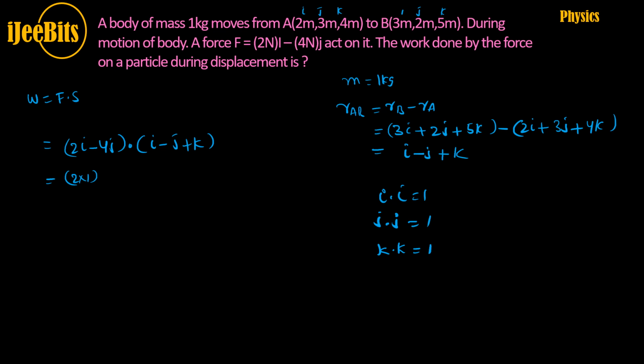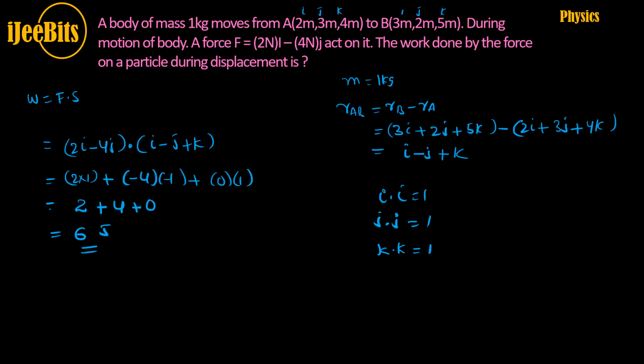The rest of all products is 0. So 2 into 1 plus minus 4 into minus 1 plus 0 for k. So 2 plus 4 plus 0, that is 6. 6 joules is your answer.